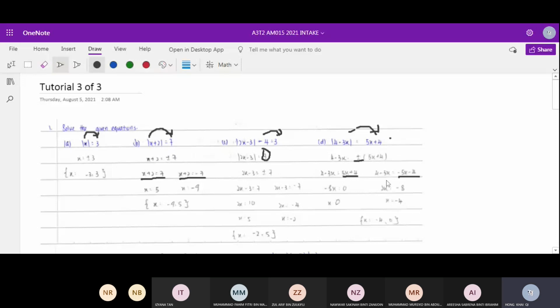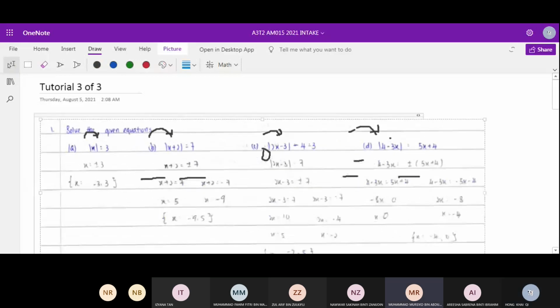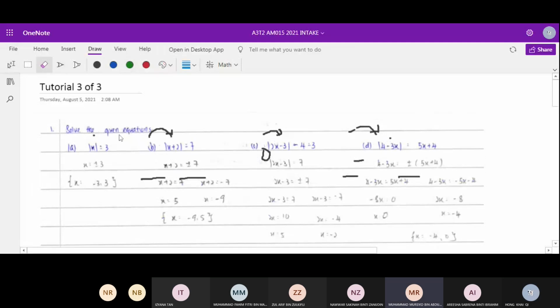And you calculate, you get x equal to negative 4 and 0.